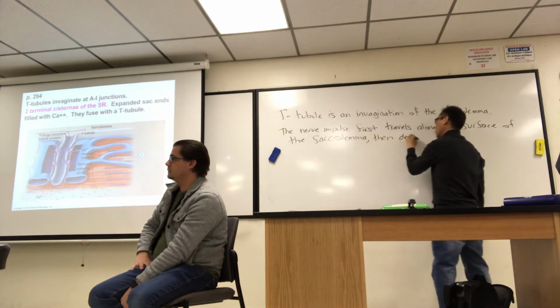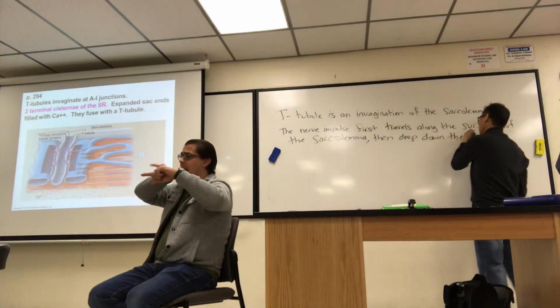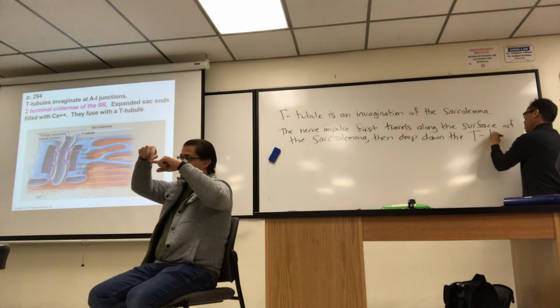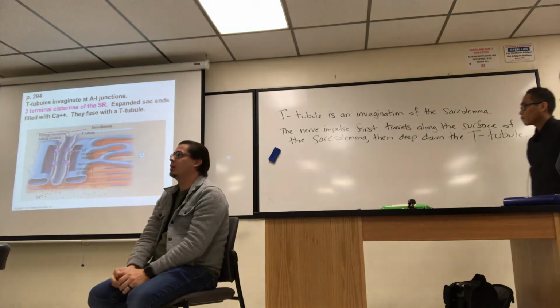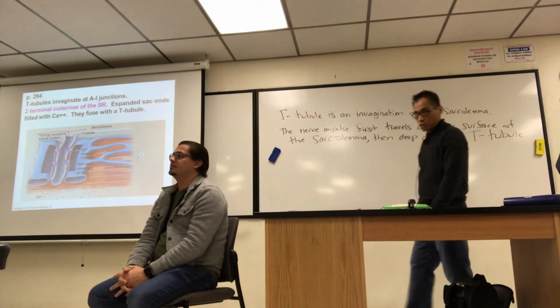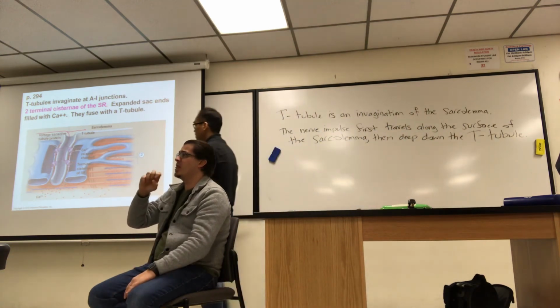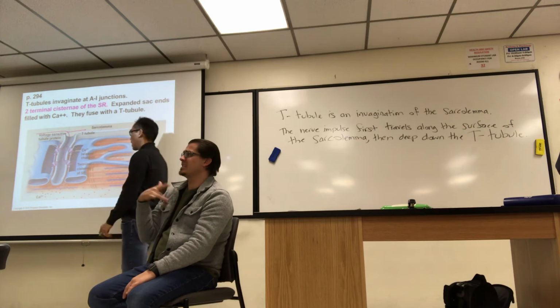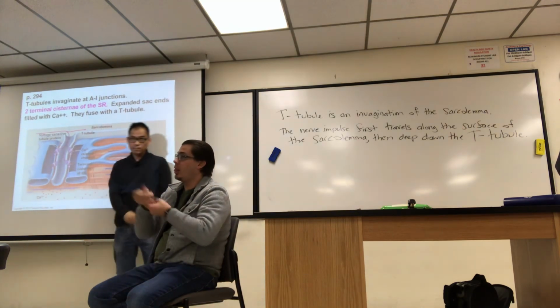Then deep down the T-tubule. And what the illustration is showing you, when the nerve impulse arrives, there are voltage-sensitive calcium release channels that will liberate calcium. Okay?